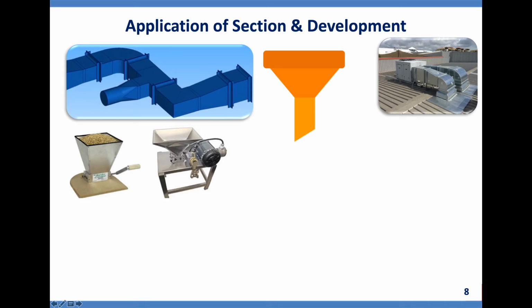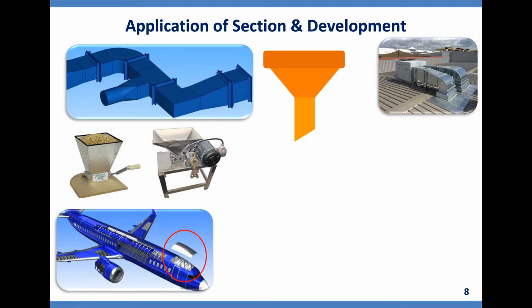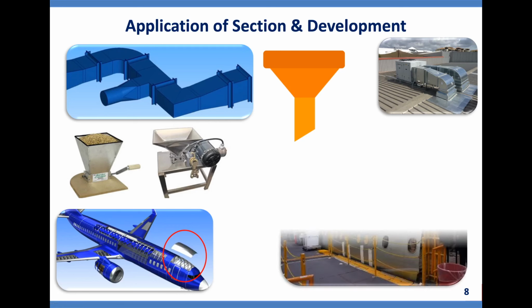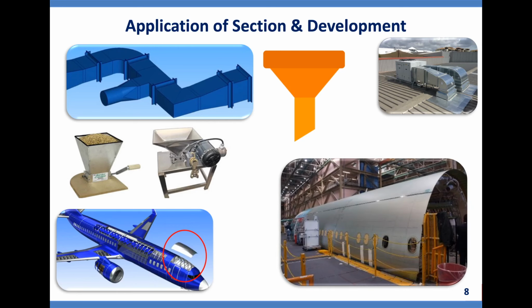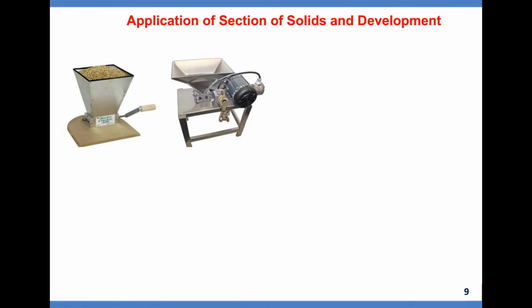This you might have seen in the flour mills, used to grind the grains, one of the examples of development. In aviation, all the outer structural body is done with the help of development, like what you can see in this picture. Now, in order to give more details, I have considered the same flour mill grinding the grains.